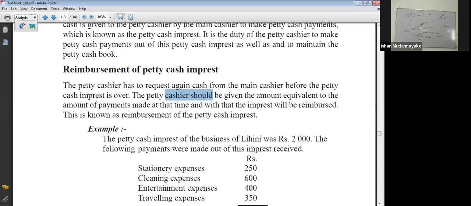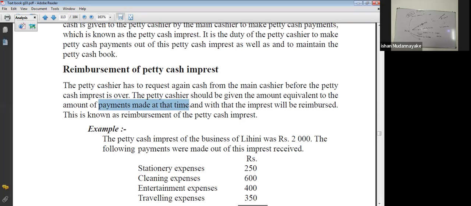The petty cashier should be given an amount equivalent to the payments made at that time, and with that the imprest will be reimbursed. Some amount equal to the last period's expense will be repaid by the main cashier to the petty cashier.